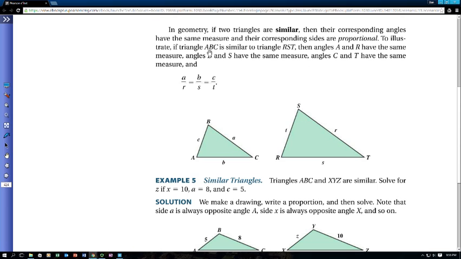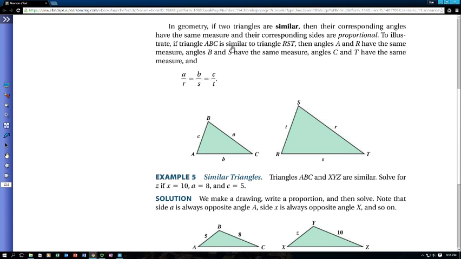They're using the vertexes, or these points where the sides meet, and they put them in this order. It isn't just because it's supposed to be in alphabetical order. I could go CAB here, but then I'd have to go TRS here, because I want these corresponding vertexes to match up when I name these triangles. And that's what they say.